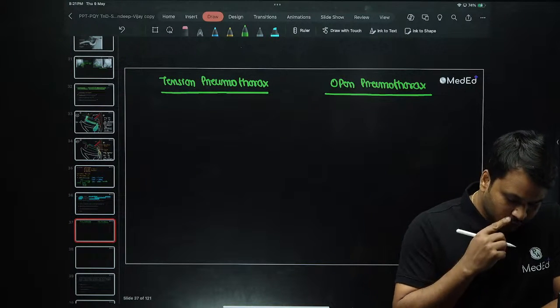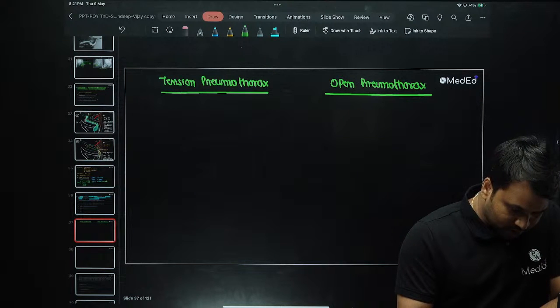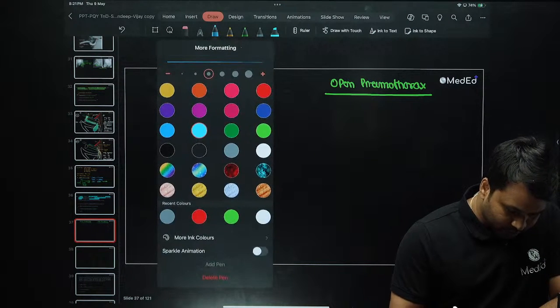Now, in a tension pneumothorax, let's understand the whole concept behind it.